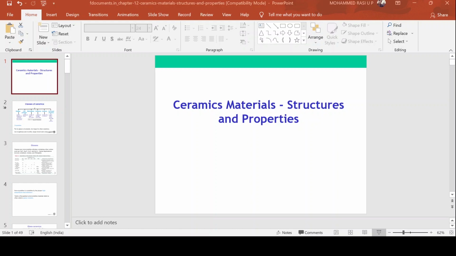Here you can see a kind of phase diagram representing the alumina composition varying in a silicate. Silicate is the majority part, and with respect to the composition of alumina in the silicate, there will be different phases. The phase diagram is represented in this figure, which shows a higher melting point when the composition of alumina is higher compared to a lower composition of alumina.